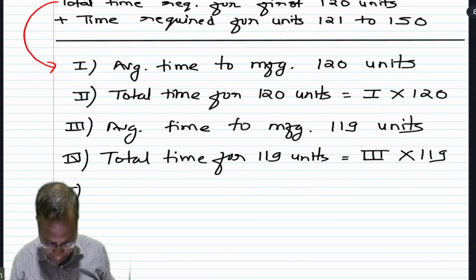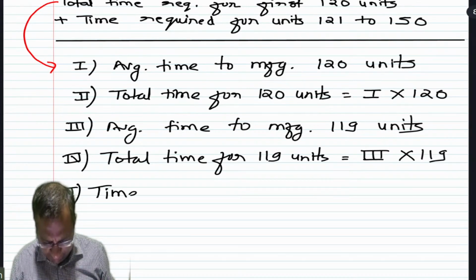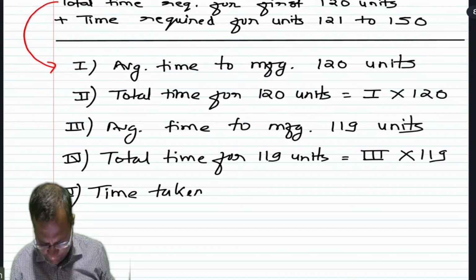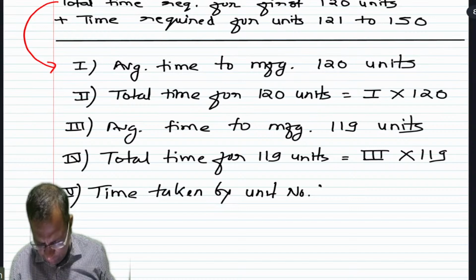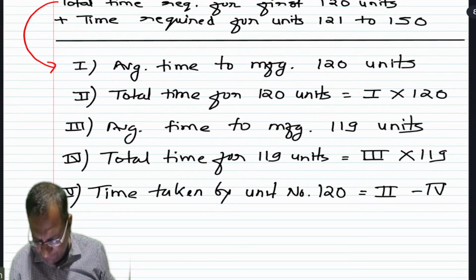Okay, and now fifth point, time taken by unit number 120 is equal to step number 2 minus step number 4.